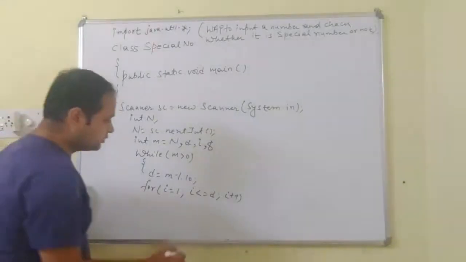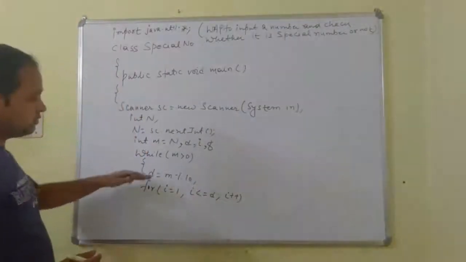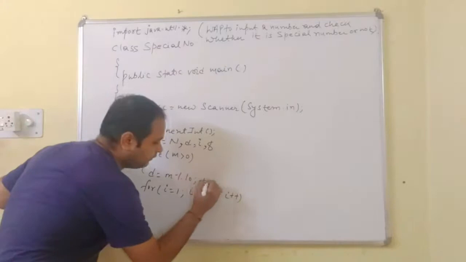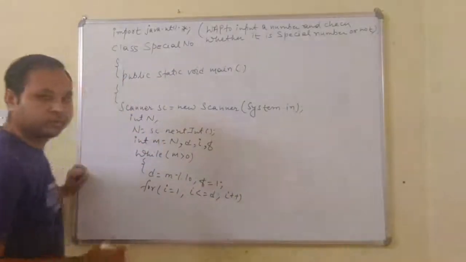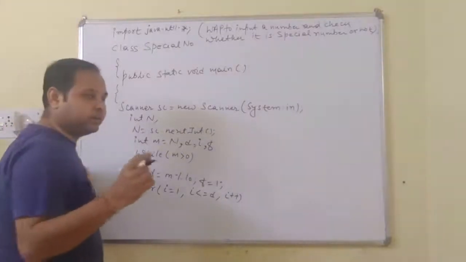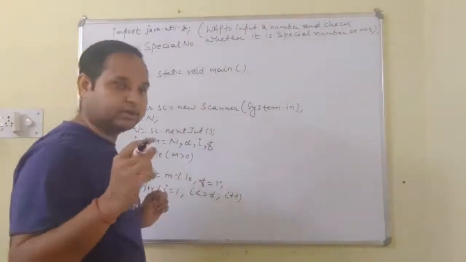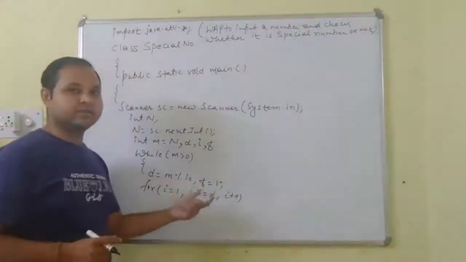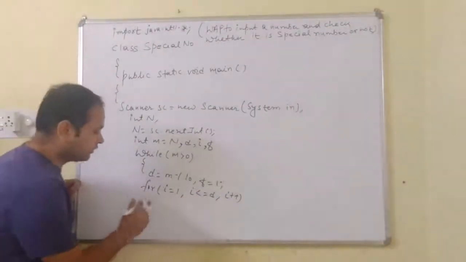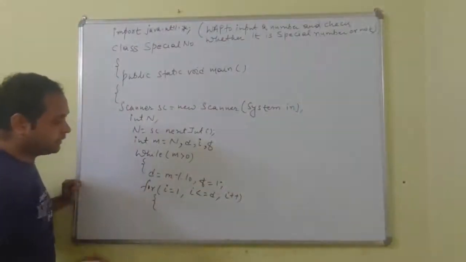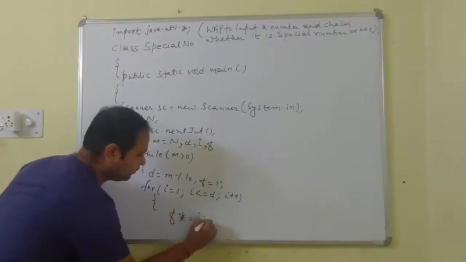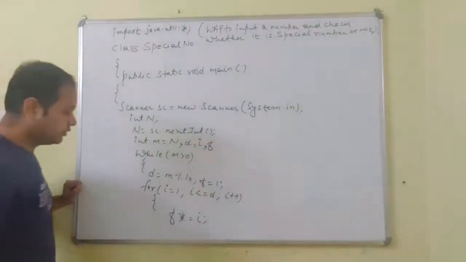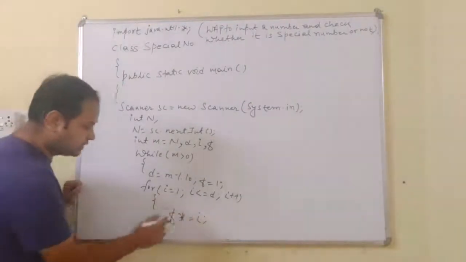I initialize f equals 1 before this loop, because every time I need to find the factorial of a separate digit, so f must be initialized with 1 before starting the loop. Then I write f equals f into i. So we will get the factorial of that digit in the variable f.